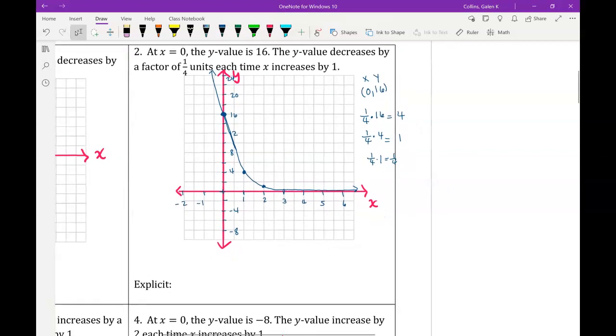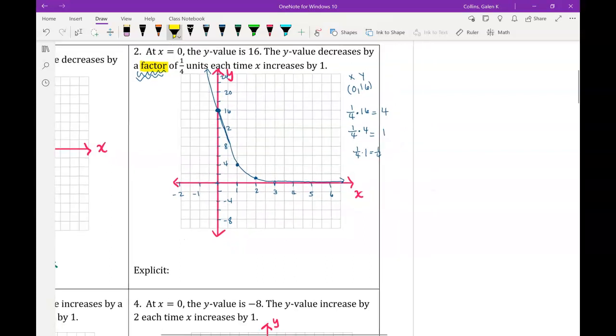And I know it's an exponential function, and I knew it before I graphed it because I had the word factor. So factor means something by which I multiply. So remember, for an exponential equation, I do not use slope-intercept form because an exponential curve does not have a slope, but it does have a y-intercept.